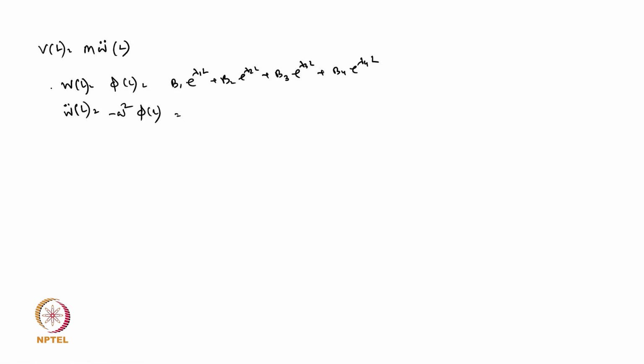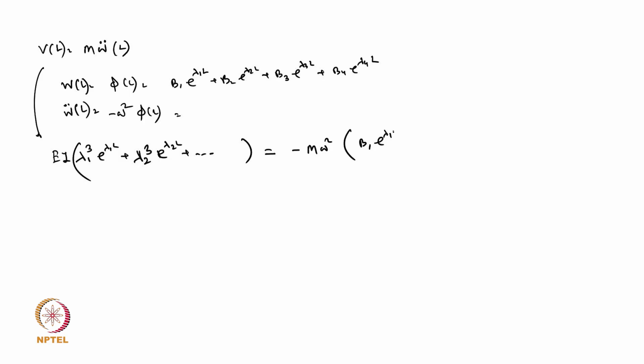So now once you put it in, your left hand side comes like V1 into lambda 1 cube e to the power of lambda 1 L plus lambda 2 cube e to the power of lambda 2 L, like this way, equal to minus m omega square V1 e to the power of lambda 1 L plus, agreed? I'm not writing all the terms down. So what happened? You are now clubbing them.